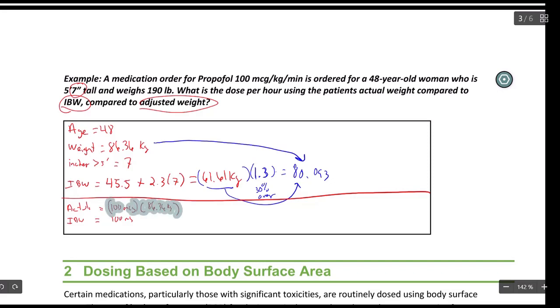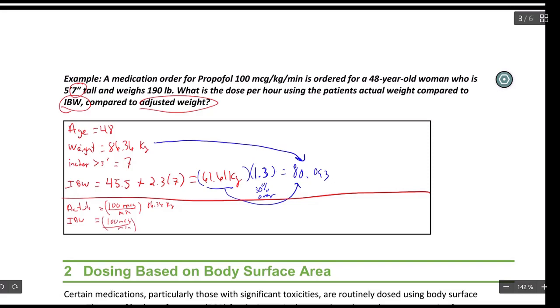So actual was 100 micrograms per minute times the number of kilograms, which is 86.36 kilograms. This one was 100 micrograms, again, per minute. But based on their ideal body weight, we calculate their ideal body weight to be 61.61 kgs.